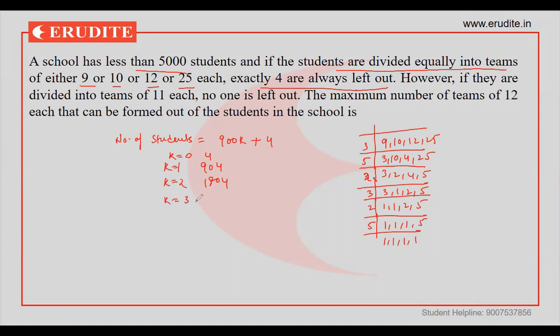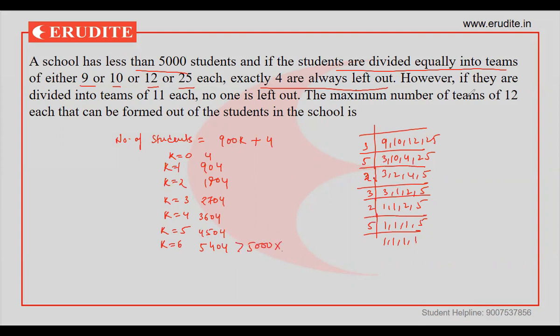K equal to 3, 2704. K equal to 4, 3604. K equal to 5, 4504. If I put k equal to 6, the value is coming 5404, which is greater than 5,000, which is not possible.